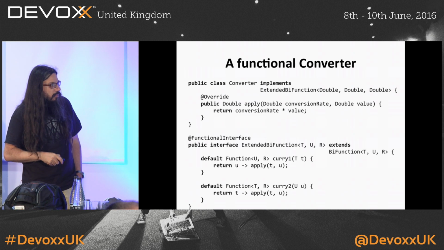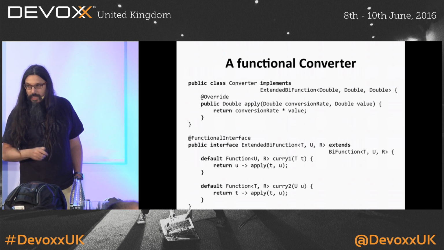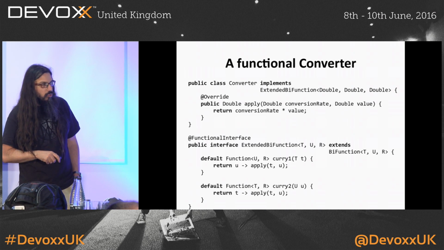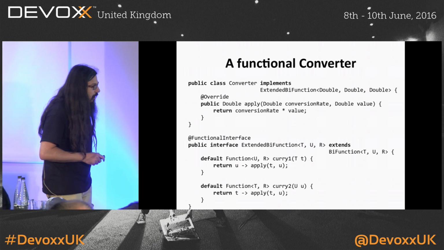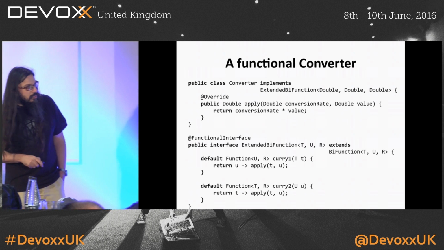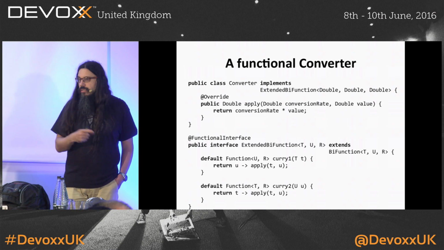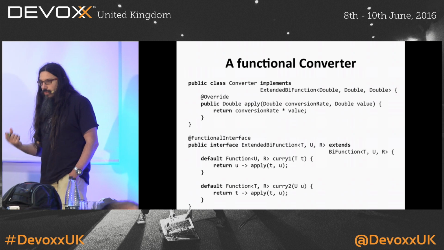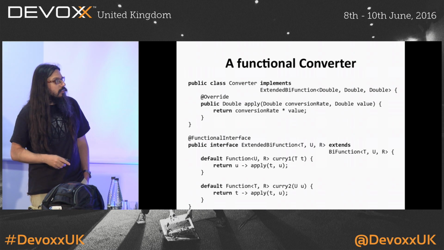I implemented it by extending the BiFunction interface. Okay, as you know, in Java 8 you can have default methods, so this is also an interface. It's not a class. And I'm adding these two methods, curry1 and curry2, meaning that in one case I'm fixing the first argument, and in the other case I'm fixing the second one.